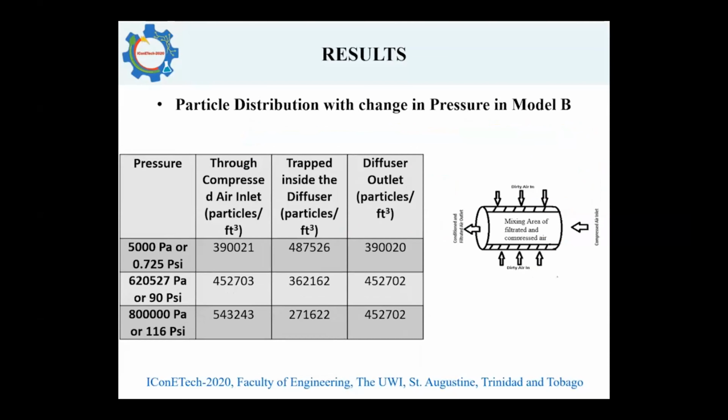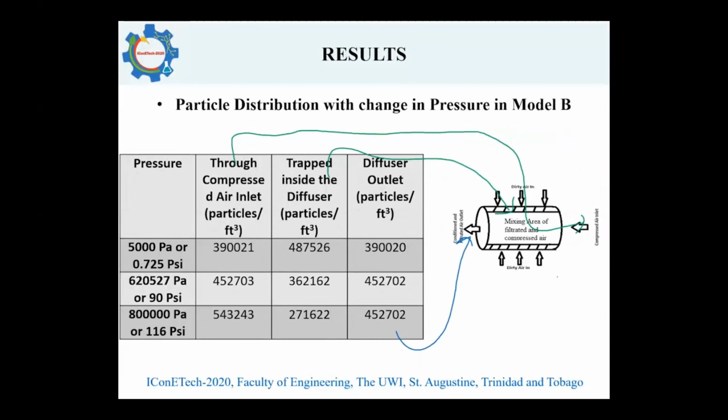So here this column, the compressed air inlet, refers to all the particles that are going back, whereas the trapped ones indicate that these are trapped here in the filtration unit. Now there are particles that are also leaving the system, which refers to the exit of the diffuser.